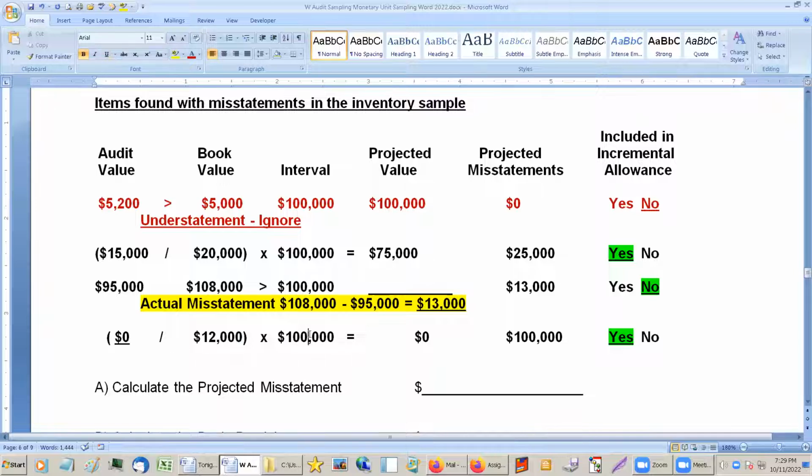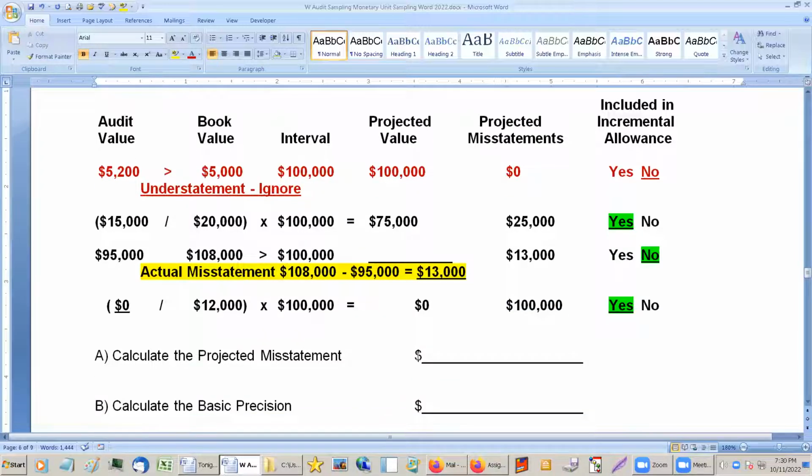So this is direct value 0, and the entire thing would be 100,000. So projected misstatement will be all those together. 28, 138. They want to check that.